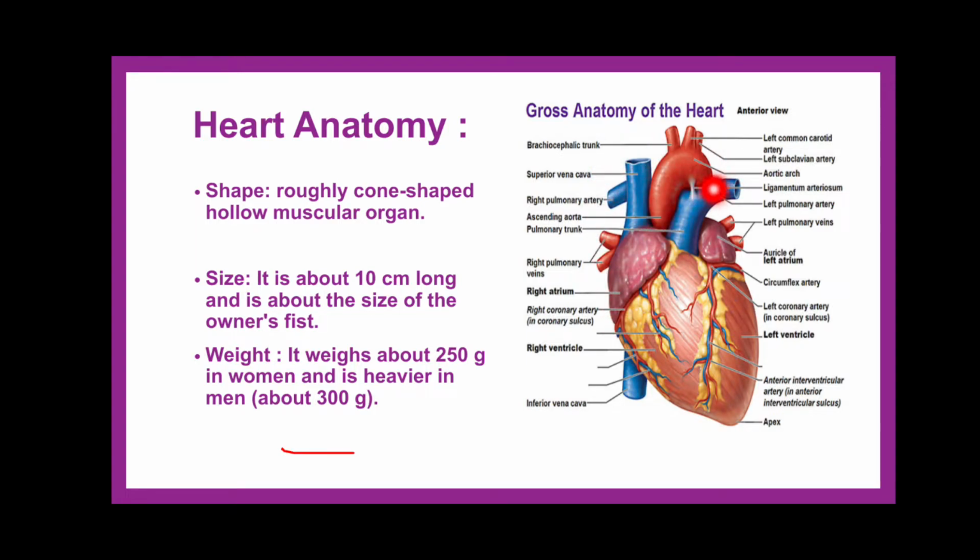You can call them the largest blood vessels, veins which carry deoxygenated blood from the body to the heart. Since it is inferior, the inferior vena cava carries blood from the lower abdomen, and the superior vena cava carries blood from the upper region.